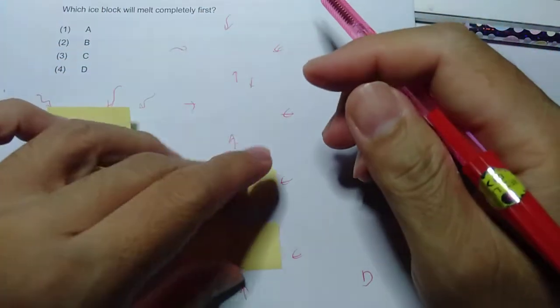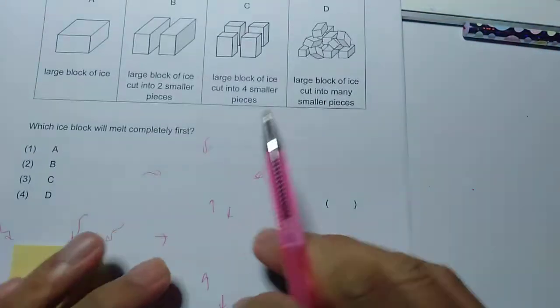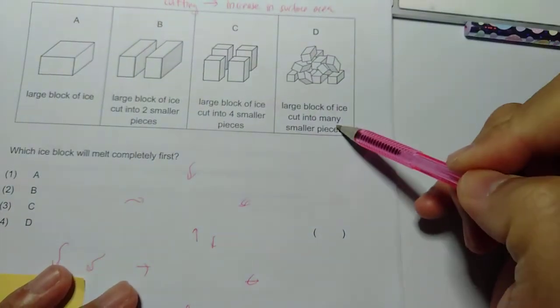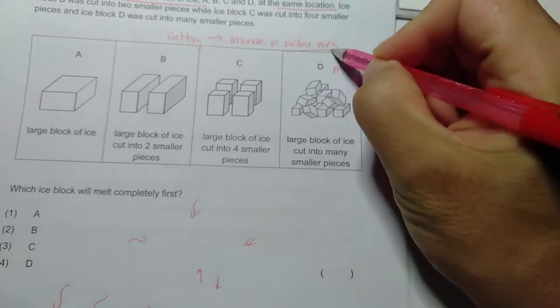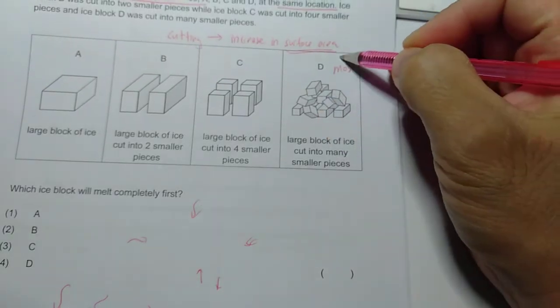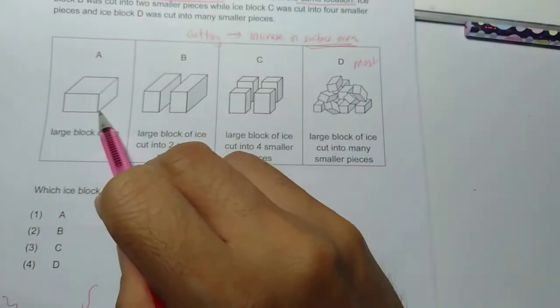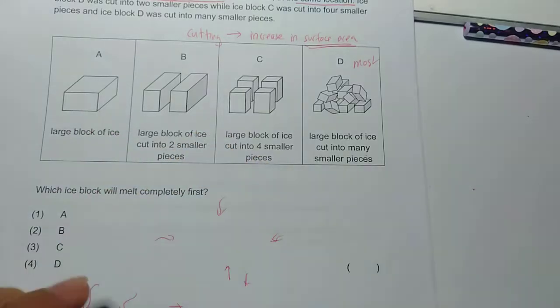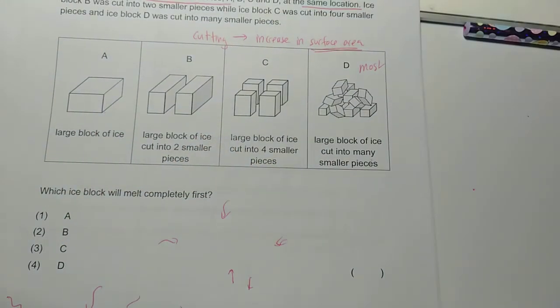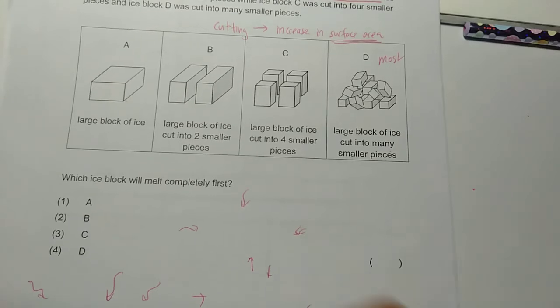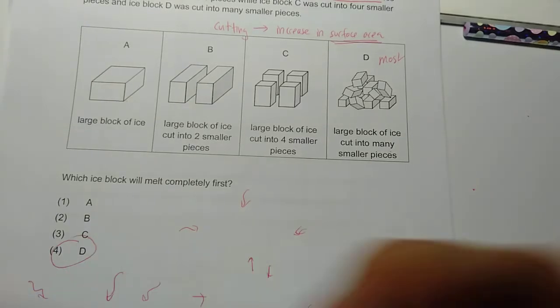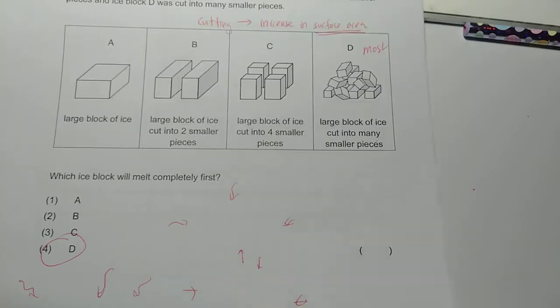So this one cut into many small pieces will have the most surface area exposed to the surrounding. This one has the least surface area exposed. So which one will melt completely first? The answer is D, of course. Okay, the answer is number 4. Let's go to the next one now.